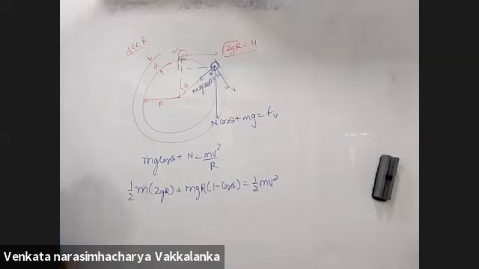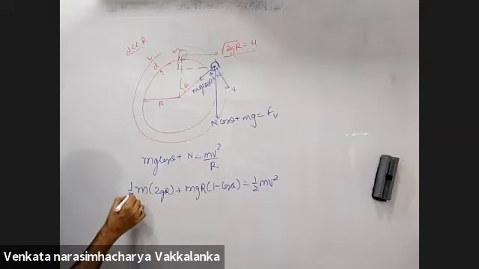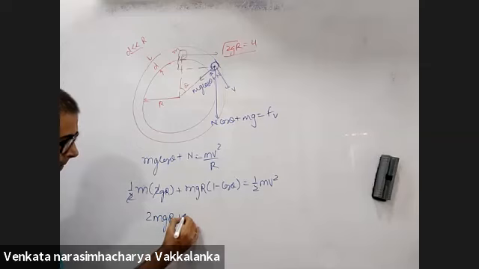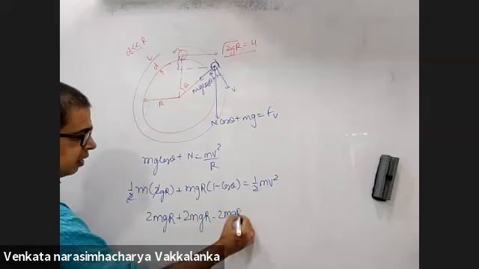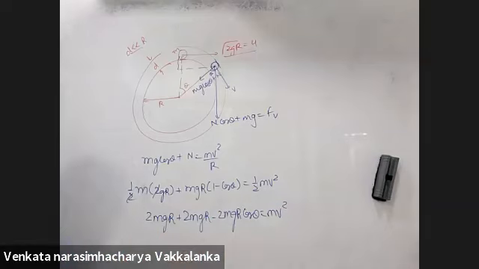By equating mv square, multiply by 2: 2mgR plus 2mgR minus 2mgR cos theta is equal to mv square. Multiplied all throughout by 2.